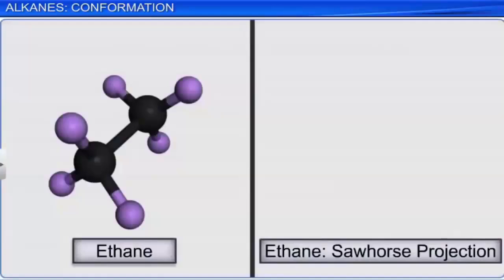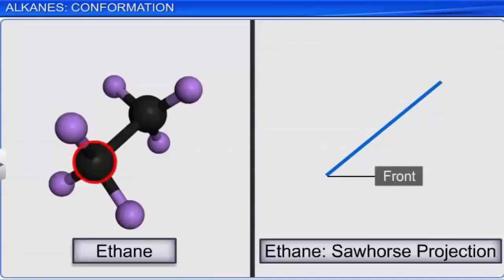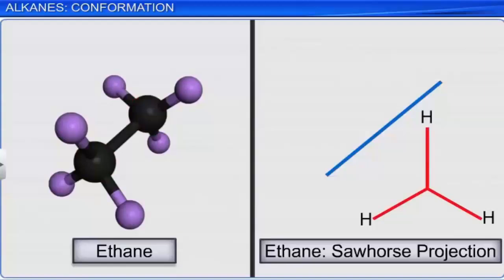Here, the carbon-to-carbon bond is shown as a long straight line, whose upper end is bent slightly either towards the left or towards the right-hand side. The front carbon is shown at the lower end of the line and the back carbon at the upper end. Each carbon has 3 hydrogen atoms attached to it.